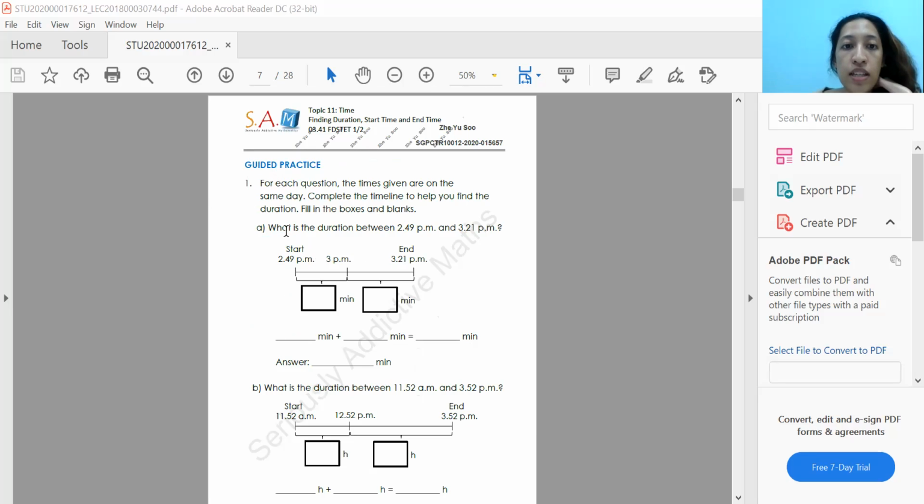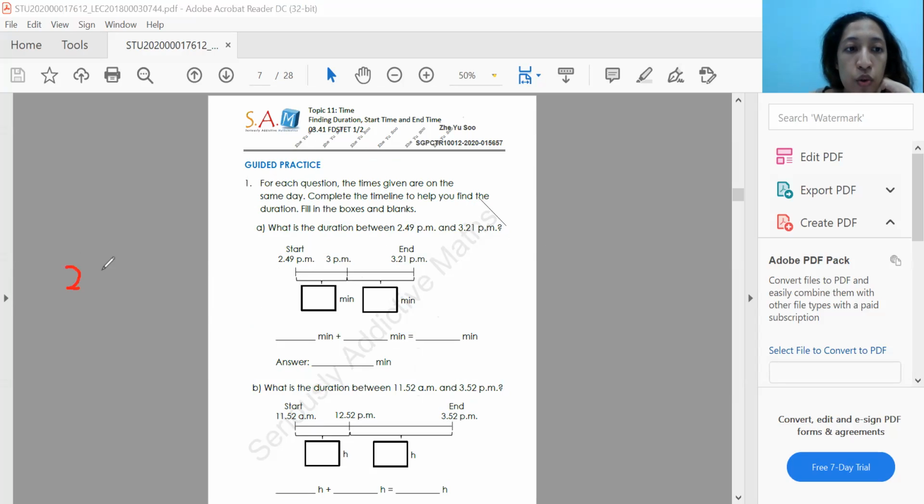Okay. So for example, what is the duration between 2:49 p.m. and 3:21 p.m.? All right. So let us see. From 2:49 p.m. to 3:21 p.m. So 2:49 to 3 p.m. How many minutes is that? Okay, 2:49.